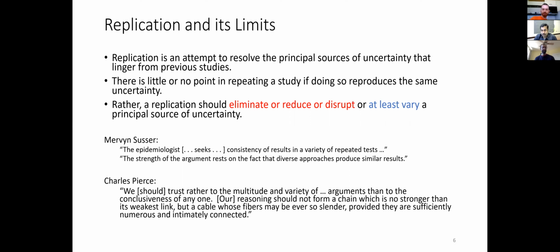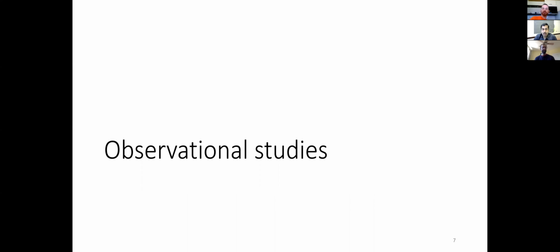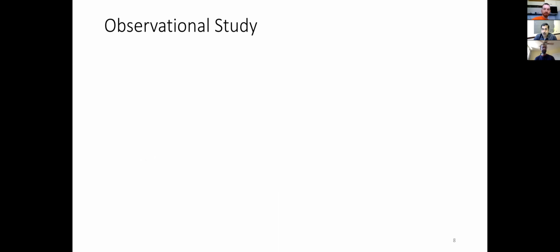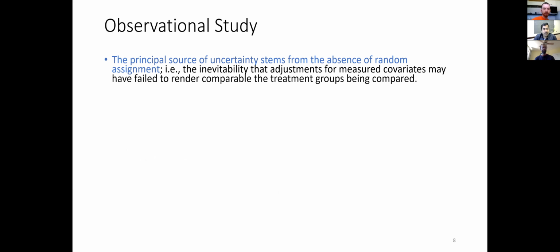So based on these arguments that we have got now, how do I apply them to observational studies and our causal inference questions? So let's go to observational studies. In an observational study, the principal source of uncertainty stems from the absence of random assignment.